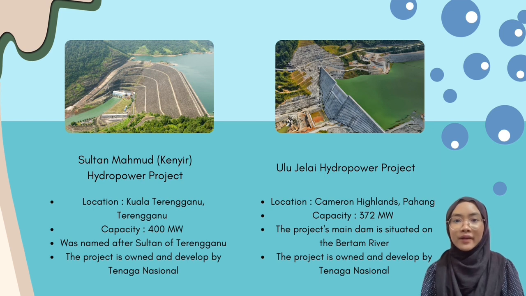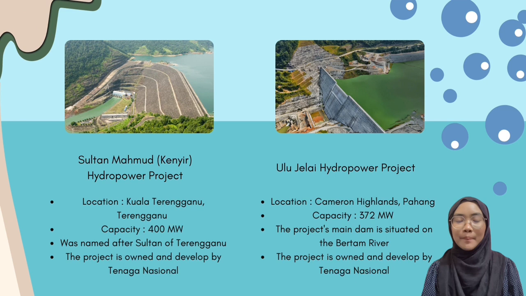The lake can generate 400 megawatts of power for all of Malaysia, generating an annual 1,600 gigawatt hours of electricity. Prior to its complete commissioning in December 2015, TNB hydroelectric power was boosted by the 250 megawatts combined capacity of the Hulu Terengganu hydroelectric project.